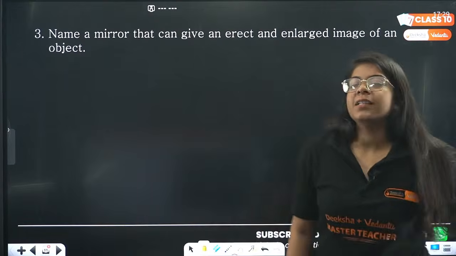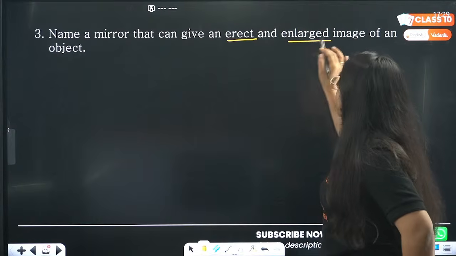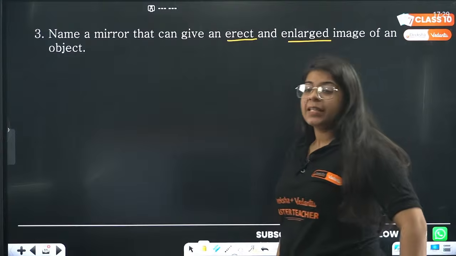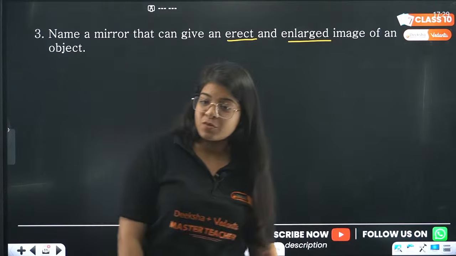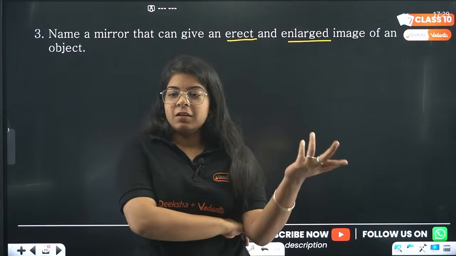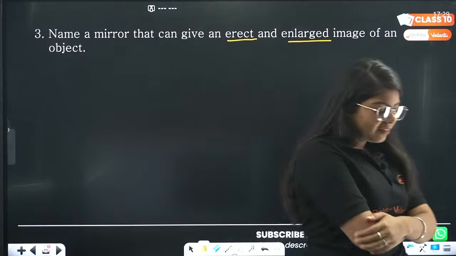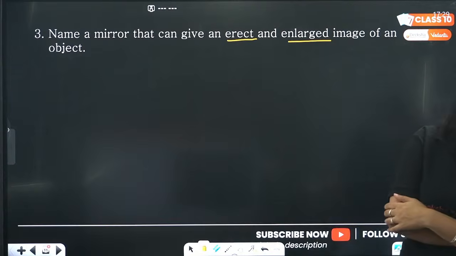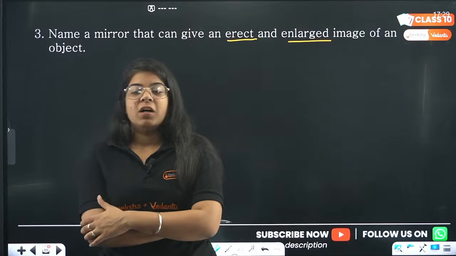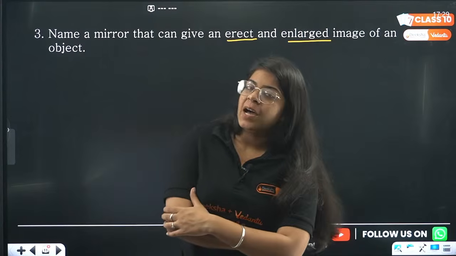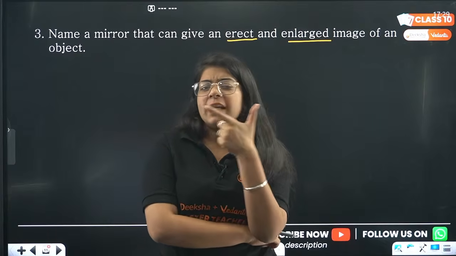Name a mirror that can give an erect and enlarged image of an object. Teja is saying a concave mirror can give an erect and enlarged image of an object. Now, let me know which mirror can form an erect and enlarged image.